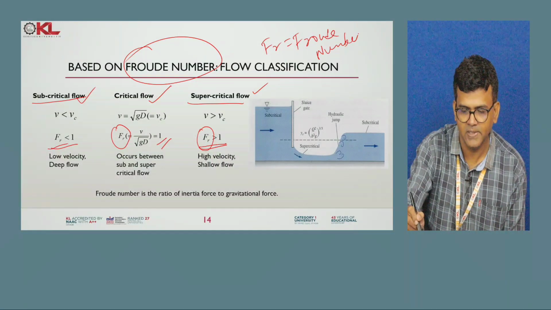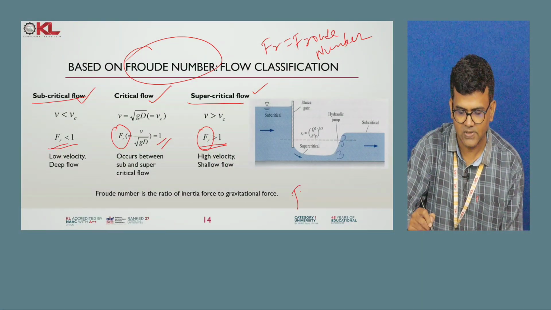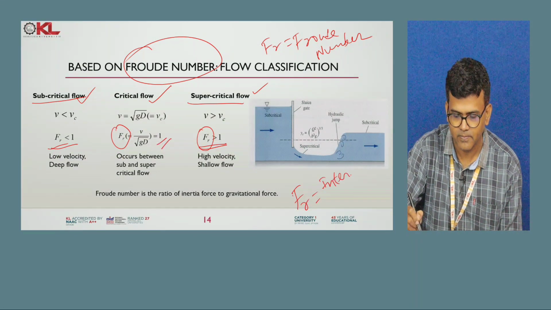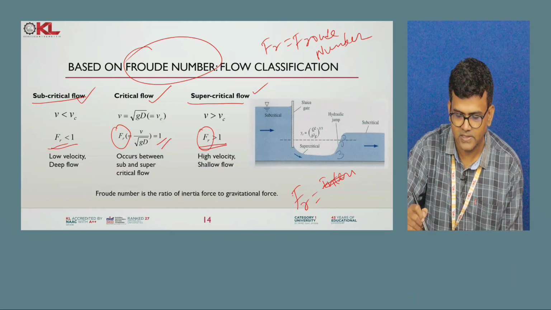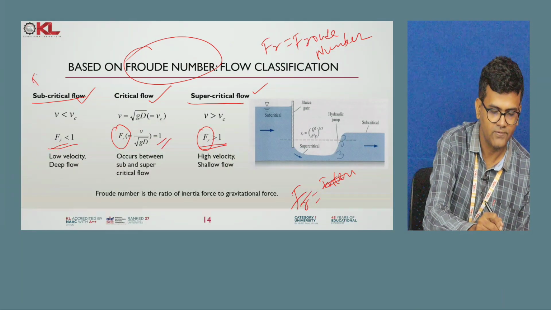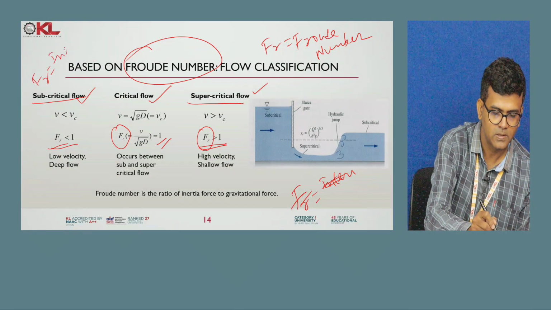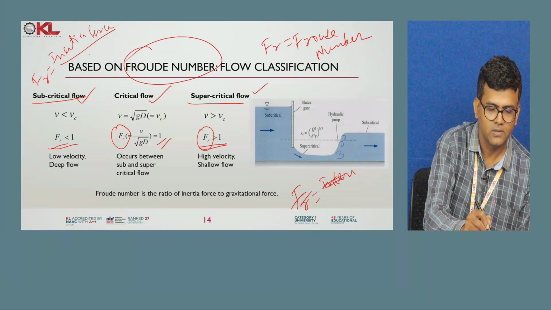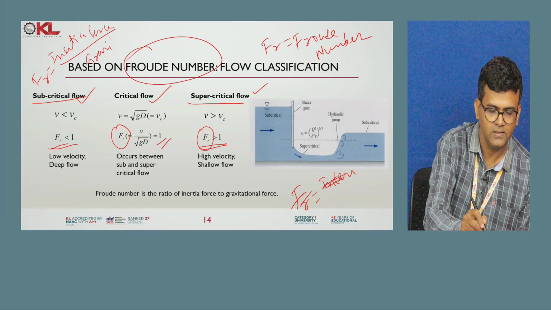And this Froude number, a dimensionless number, Fr, is the ratio of the inertia force to gravity force.